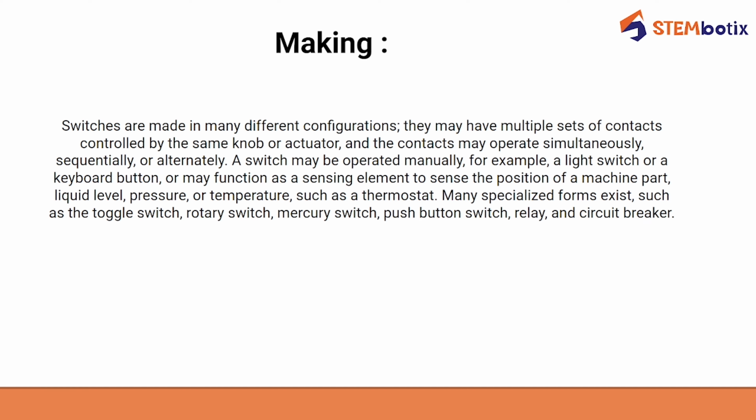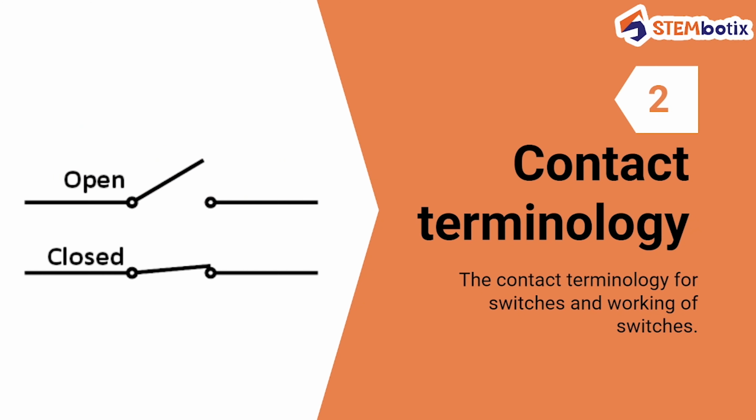So these are the different types of switches which are used for just turning on or turning off a device or interrupting a conducting path. So this is how, depending on the purpose, the switches are made in a variety of different configurations.